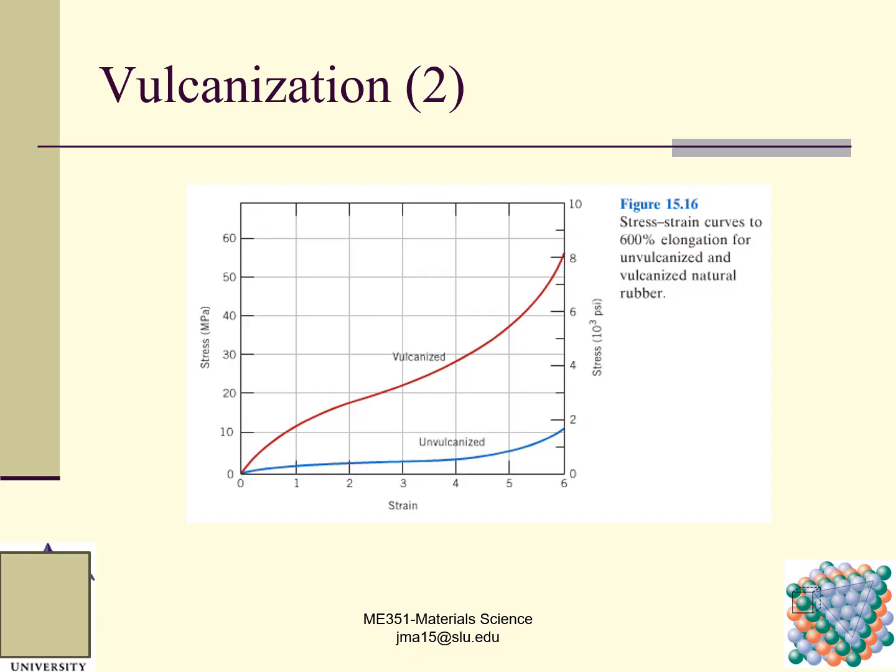For vulcanized natural rubber, we can have higher stress for a given strain when compared with unvulcanized. So this picture shows the influence of vulcanization on the mechanical property of natural rubber.